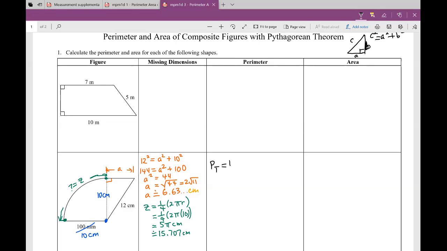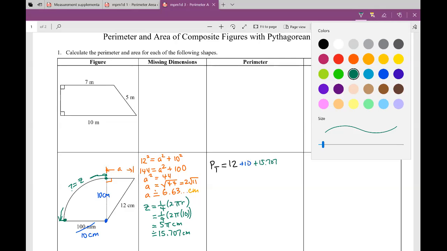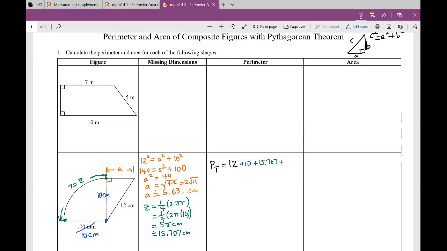So that 12 centimeters plus that 10 centimeters plus that 15.707 centimeters plus that 6.63 centimeters. And those are the four sides.